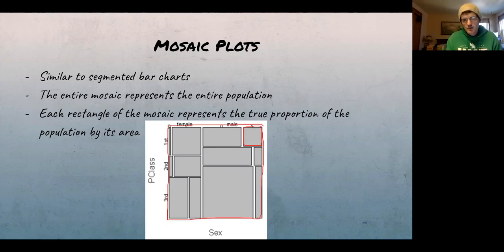So I would just guess this is about 1/16 of the total area. It's just an estimation. So this would be about 6%. 6% of the people on board were males who were first class and survived.